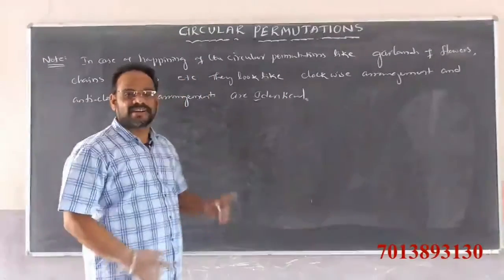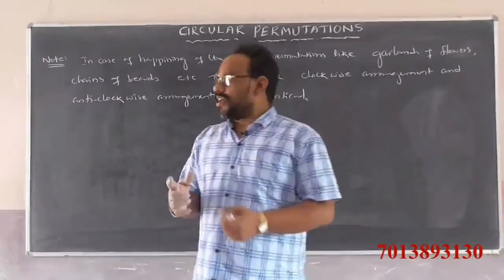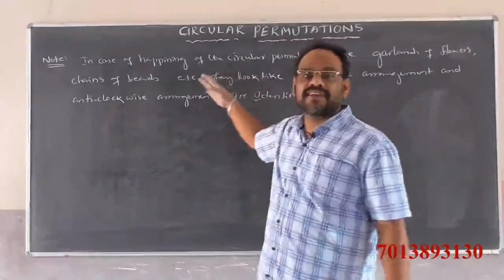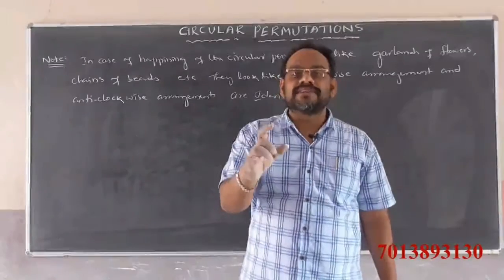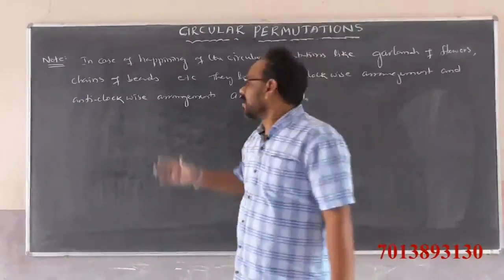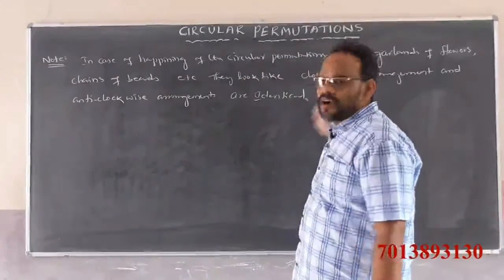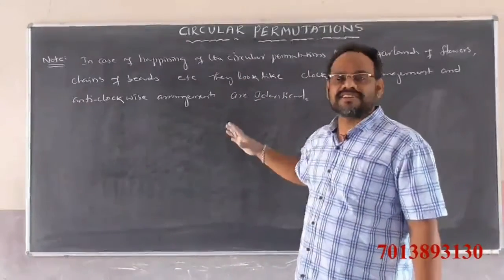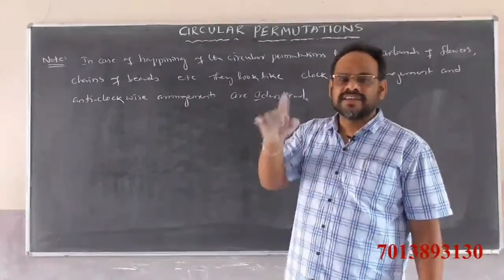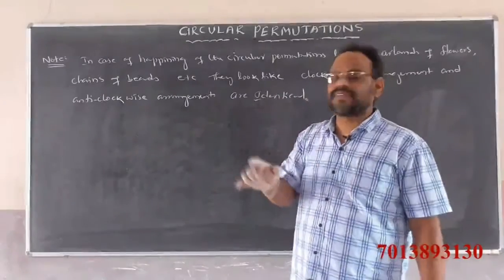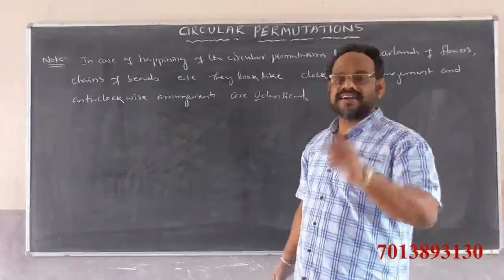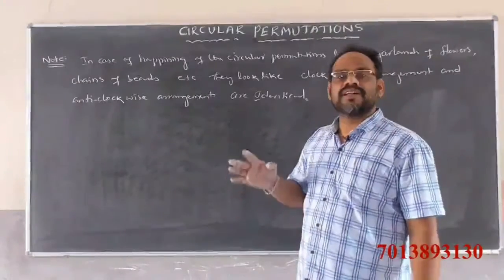That means both are the same. Already we discussed this previously. In case of circular permutations like garlands of flowers or chains of beads, the clockwise direction and anti-clockwise direction look identical. That means both are the same.